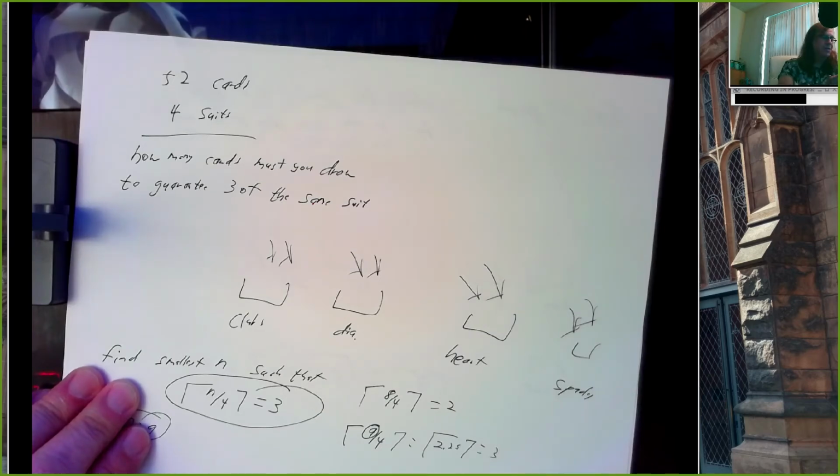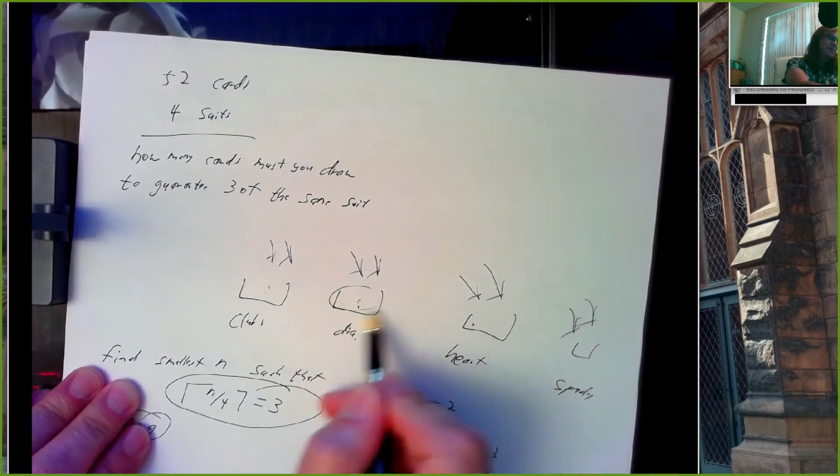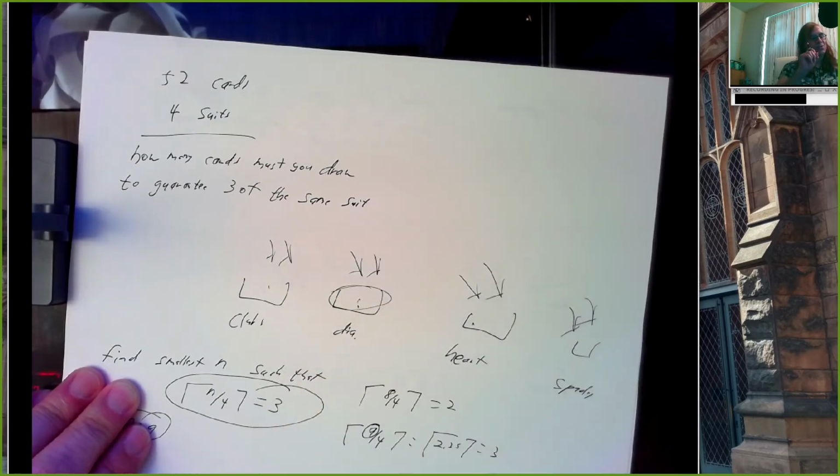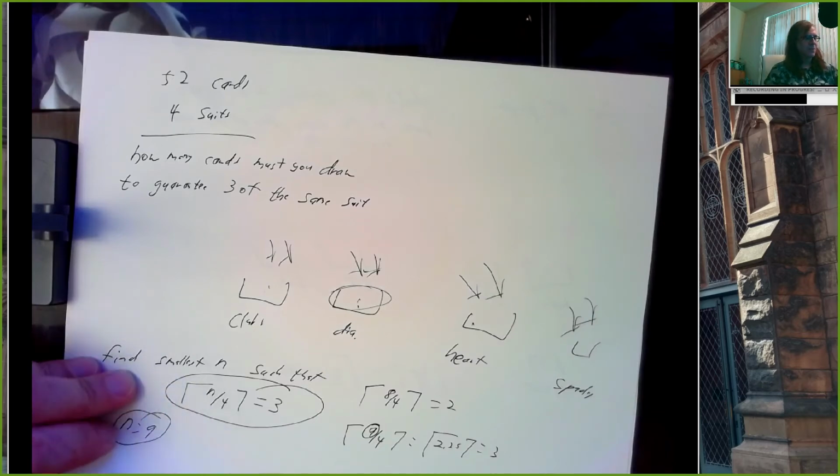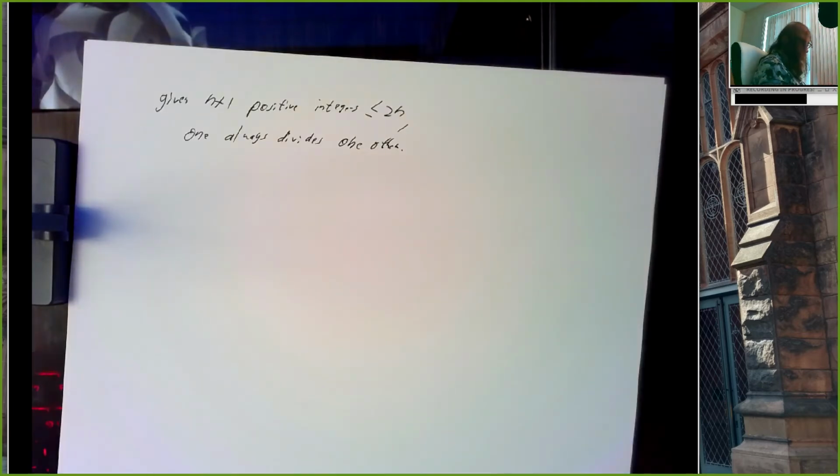You could draw 3 cards and get 1, 1, 1. Or maybe 2 here and then 1 here. And you could draw 9 cards and end up with 9 diamonds. But the question is, to guarantee that you've got at least 3 of the same suit, what's the minimum number of cards you have to draw? And that's what the answer will be, 8. So yeah, slightly different question.